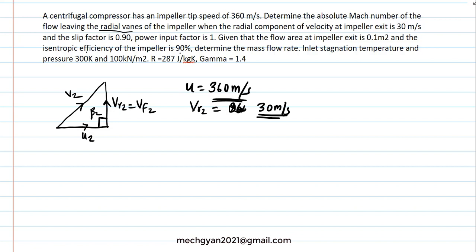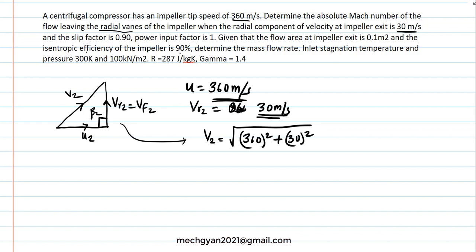So these are the values which are given. From this velocity triangle we know that V2 equal to square root of 360 square plus 30 square. So this is known, this is known. So that is equal to 361.247 meter per second.